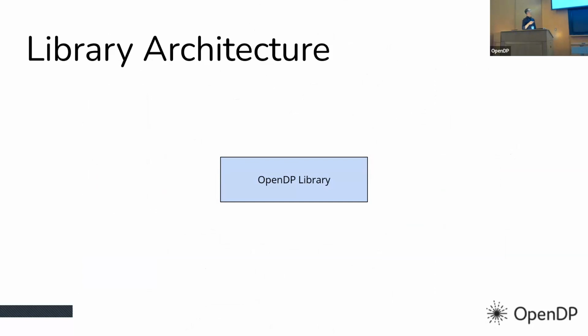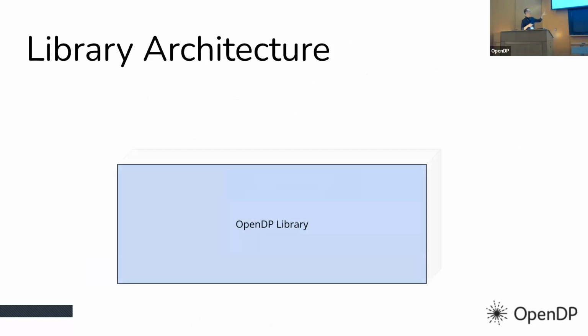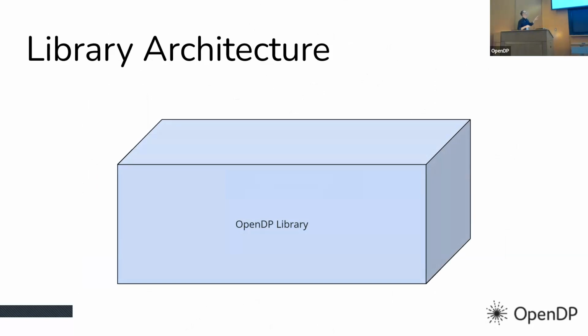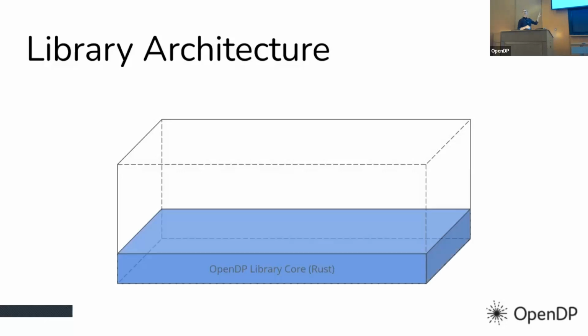Let's take a closer look at the library. I'm going to zoom in a little bit and then turn this into 3D. And that'll let me show you what goes on inside the library architecturally. At the base of the library, we have this base layer of our core architecture.